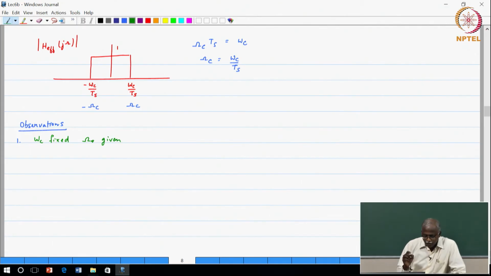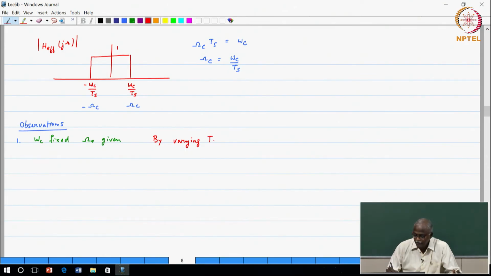Now, a very key observation based on the figure in this picture is what happens when I vary Ts. Ts is something that I get to choose. I know what I should choose to make sure that there is no aliasing. So, by varying Ts, what happens? I cannot change omega c, and omega naught is given to me, but notice the effective filter HEffective of j omega is going to get scaled, made narrower or wider, by the choice of Ts.